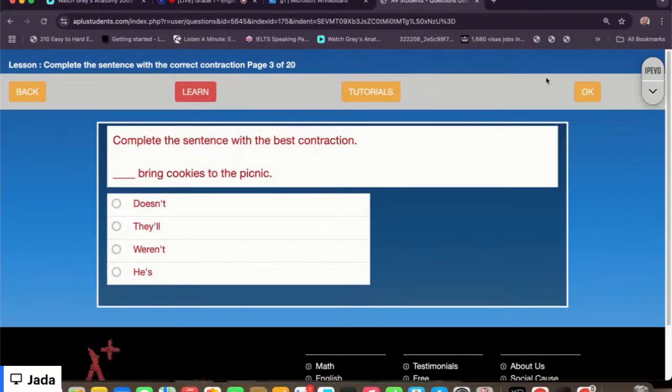Okay? Dash bring cookies to the picnic. So doesn't, they will, weren't, he is. So what is the right contraction here? What do you think is the right one?